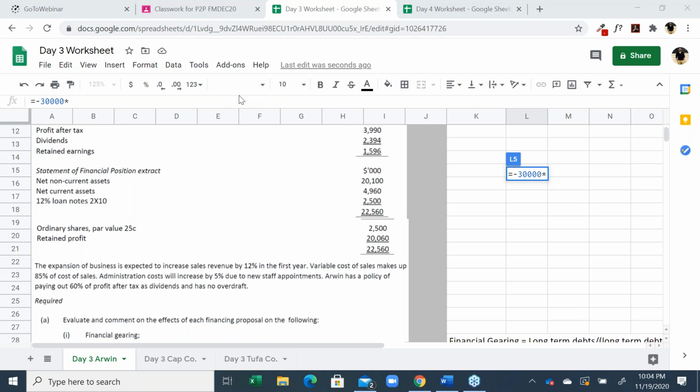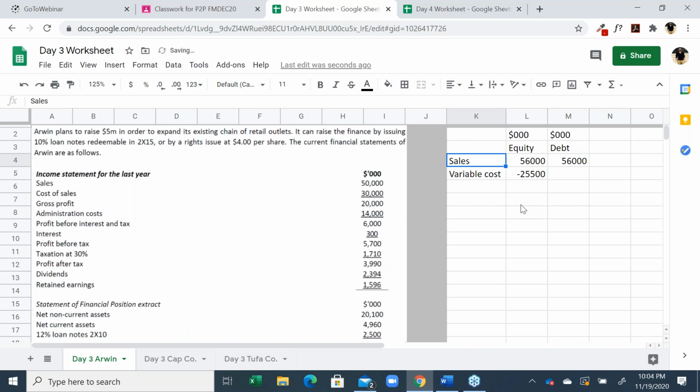Okay, yes, it's 85%, right? If the current variable cost is 25,500 and your sales are growing by 12%, then your variable cost will also grow by 12%. So it will be multiplied by 1.12, giving 28,560. And again, there will be no change because of the source of finance. So it will be the same.